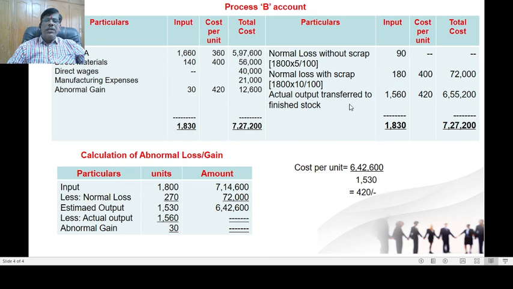Then the actual output, 1,560 units produced at 420, you will get 6,55,200. Then the total of both unit columns, make it as units, cost per unit and total cost. The total cost of both the debit and credit columns should also be the same.